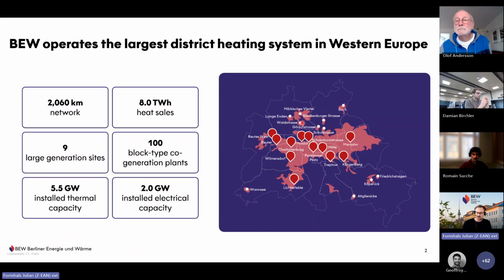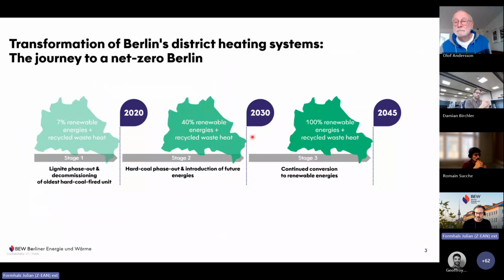So this is the background of the system I'm talking about today, and here you see this double plant site of Reuter West and Reuter in the western part of Berlin. The overall context is our system transformation, which I think every European district heating company is working on right now.